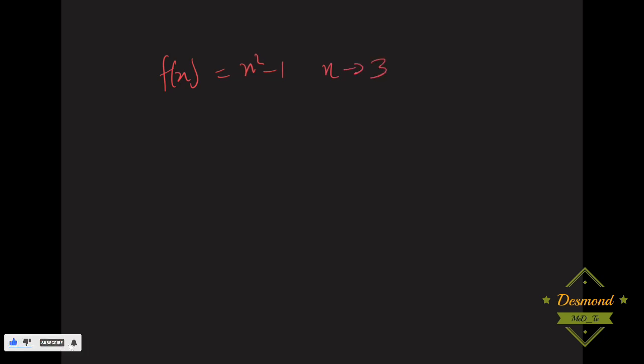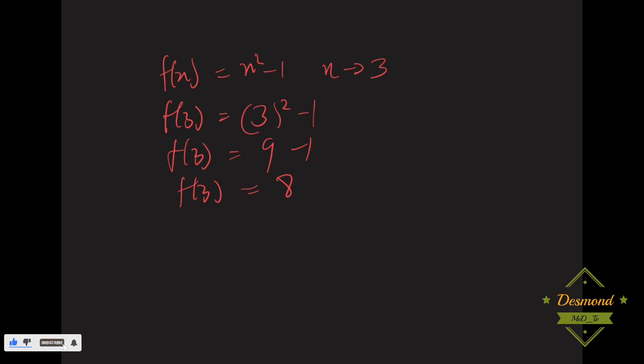Just substitute the value of x into the function. So we have f of 3 equal to 3 squared minus 1. So f of 3 is equal to 9 minus 1. F of 3 is 8. So the limit of f of x as x approaches 3 is 8.